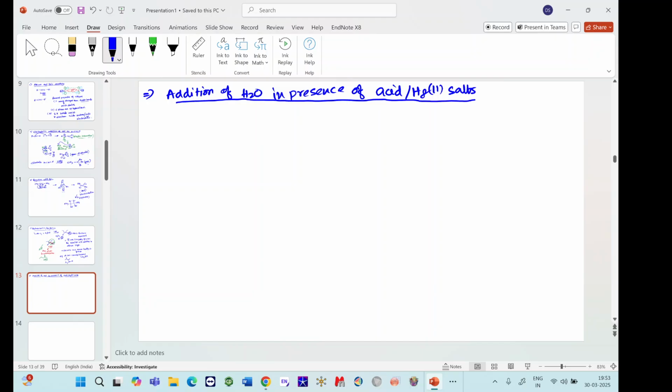So addition of water in presence of acid or mercury salts. Okay, so you have already had this kind of reaction in the alkene part. So we are trying to explore the same thing with the alkyne. So this is propyne, right?